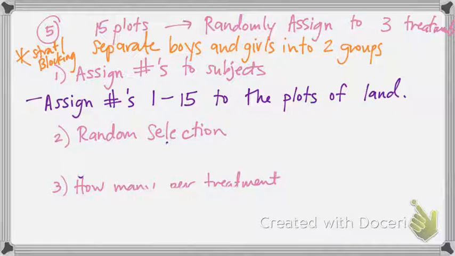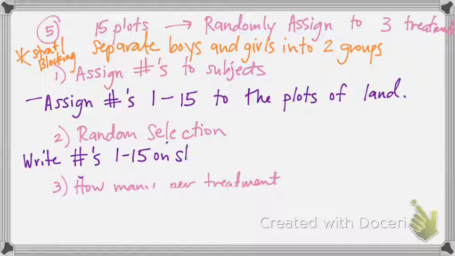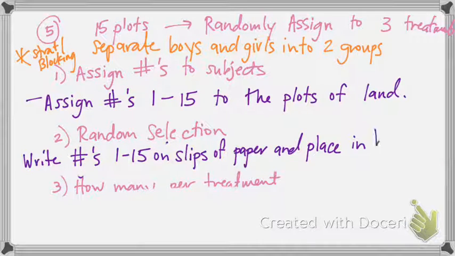If I were to do the hat method, then for random selection I would say write numbers 1 through 15 on slips of paper of equal size, place in hat. Don't forget the equal size paper, equal dimensions. Don't forget to mix well, because if you just place them in the hat, they are not random, unfortunately.